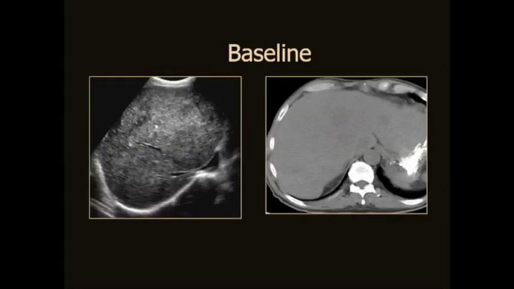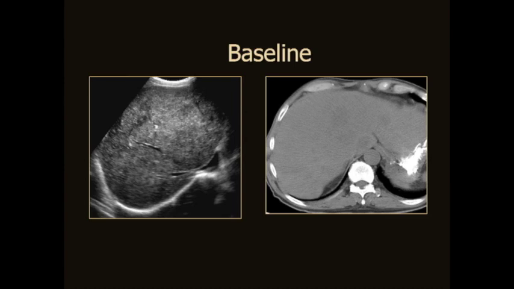So this was a case that was in Peter Burns and my very first series of patients that we scanned when we looked at 176 patients with contrast ultrasound compared to CT or MR scan. All patients had an unenhanced scan and then a contrast enhanced scan.